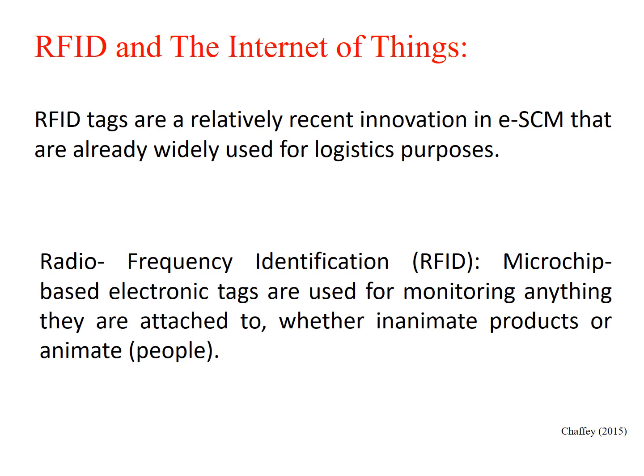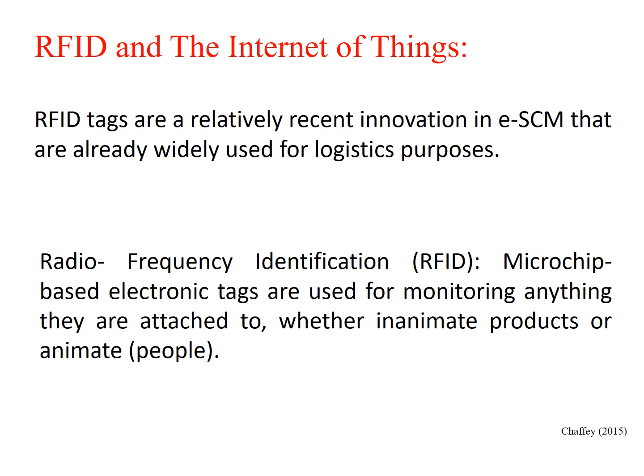RFID, radio frequency identification. Microchip-based electronic tags are used for monitoring anything they are attached to, whether inanimate products or people. Again, these tags will be able to tell you where the products are at any time, what quantity you have, and how long they've been on the shelf, because they have an electronic tag.